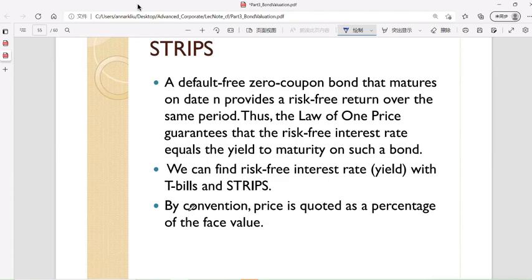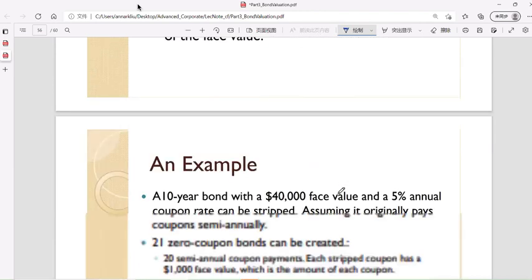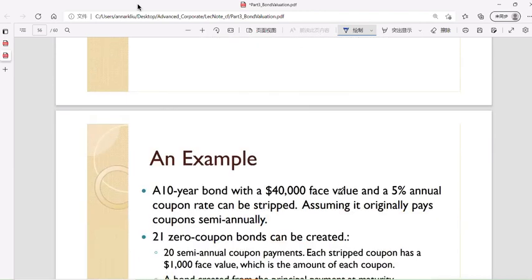So what does that tell you? If there is no arbitrage, then the risk-free interest rate equals the yield to maturity on such a bond. So we can find the risk-free rates with T-bills and strips, and the price is quoted as a percentage of face value.